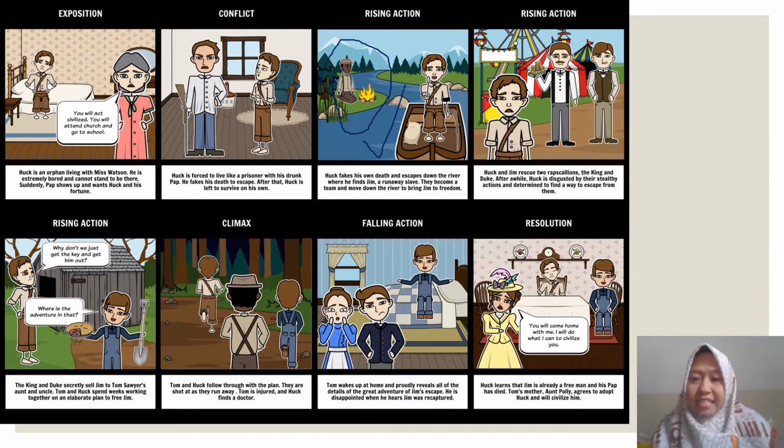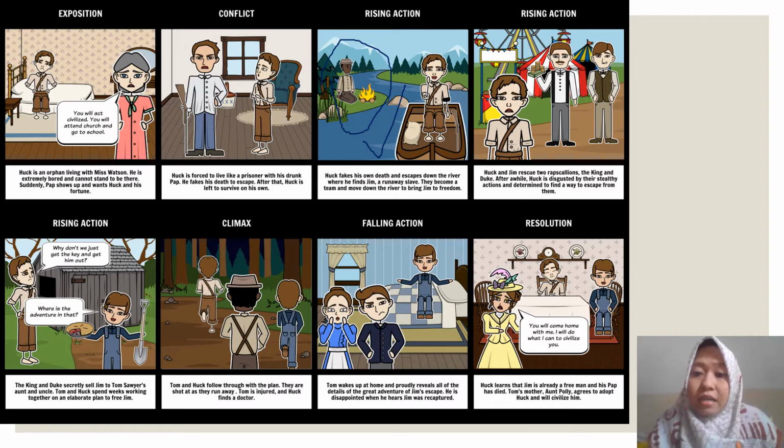So Finn has a partner. The partner is Jim, and here Finn tried to protect Jim, and Jim also tried to protect Finn from the father. And Finn here doesn't want to report to the government, even though in this time there is a policy that if someone finds an escaping slave, they have to report to the owner.